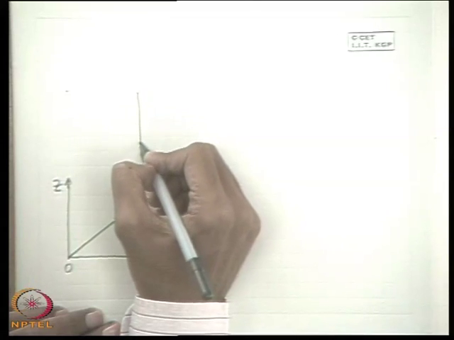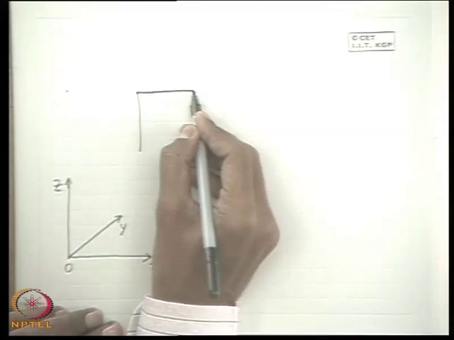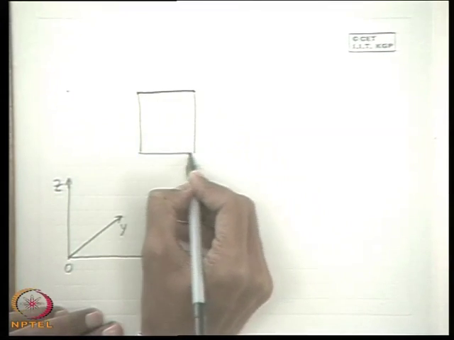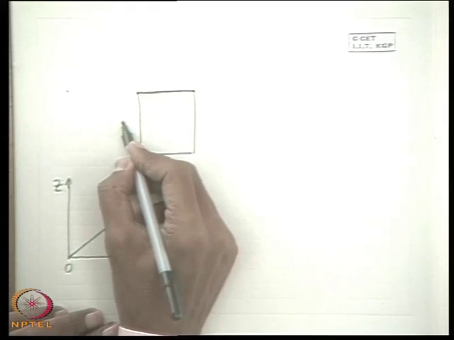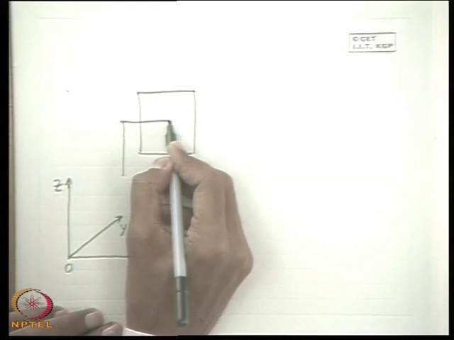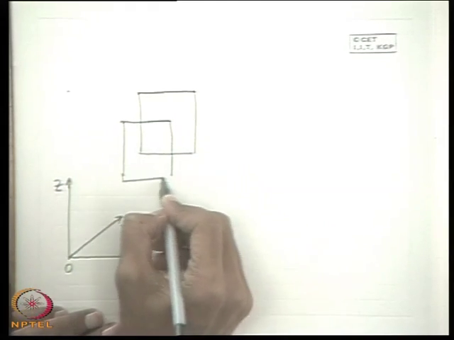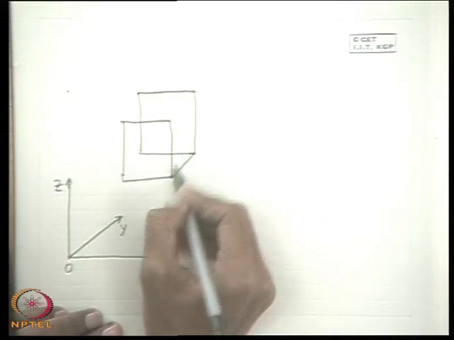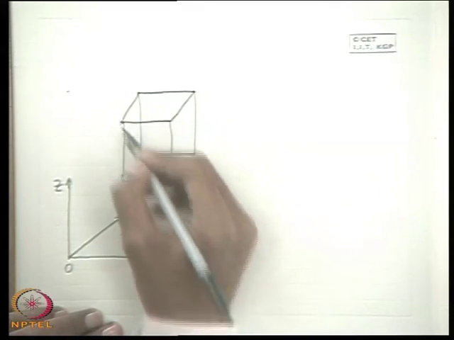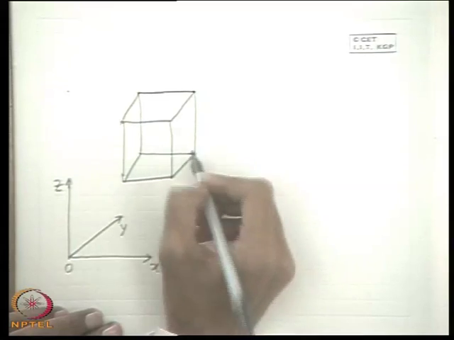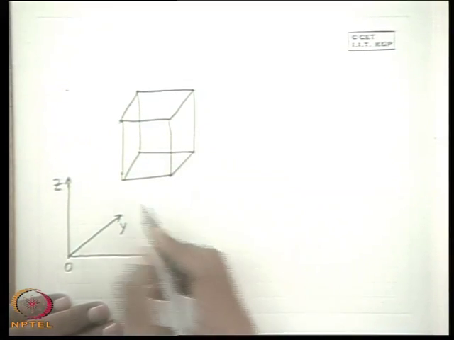That means here I define the control volume like this. So this is a parallelepiped.